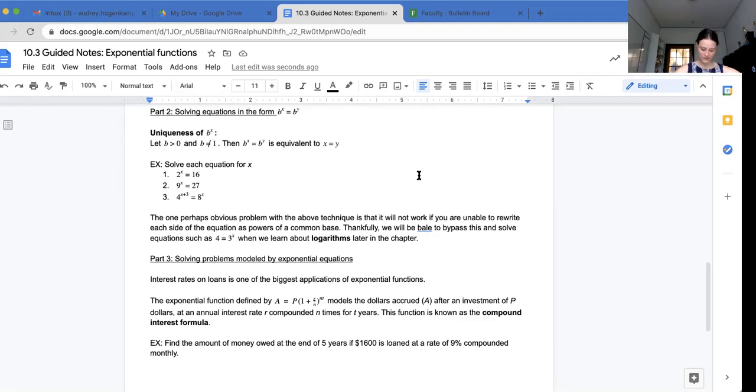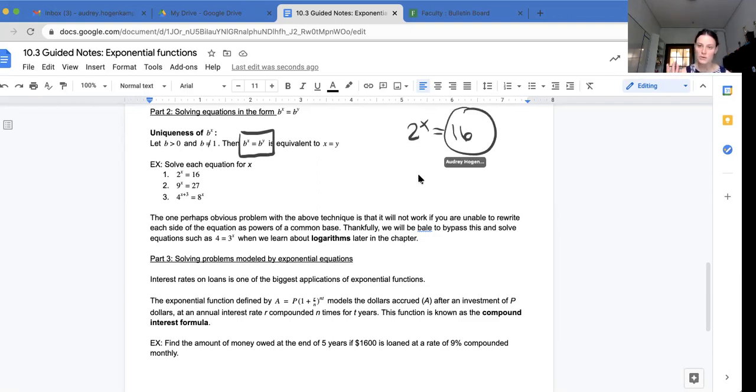Okay, so we have some example problems of this. First up, we have 2 to the x is equal to 16. We know that we can only use this uniqueness theorem when we have b to the x equals b to the y. So that means we have to have some base b which is the same in both cases. Looking at this equation, we can see that our base b is 2. So if we want to set x equal to y, we need the base of the right side of our equation to be 2.